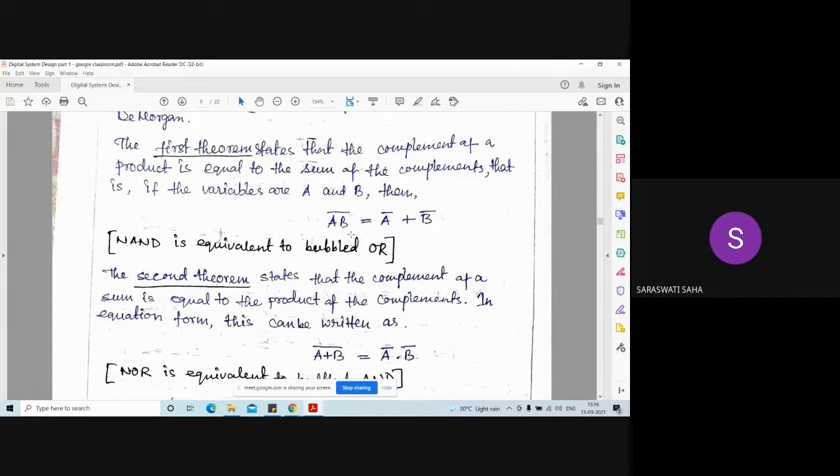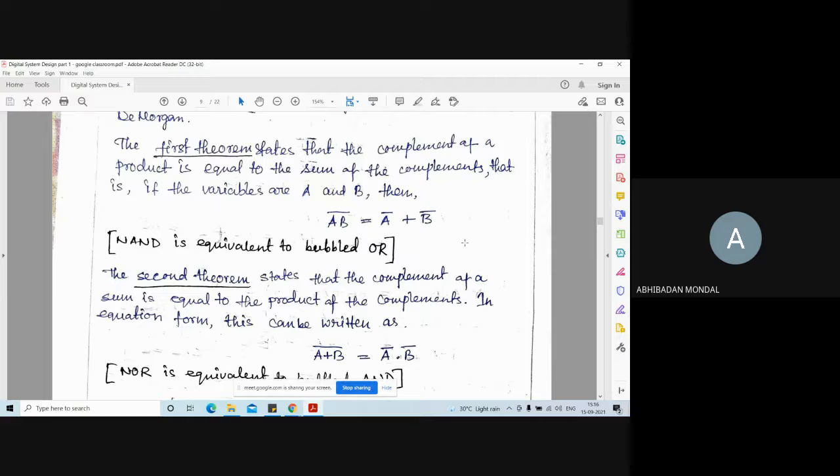Complements means there are two variables, so take the complement of each variable, A naught and B naught. If the variables are A and B, then we can write (AB) complement is equivalent to A complement plus B complement. And you can read it as NAND is equivalent to bubbled OR. Clear the first theorem?